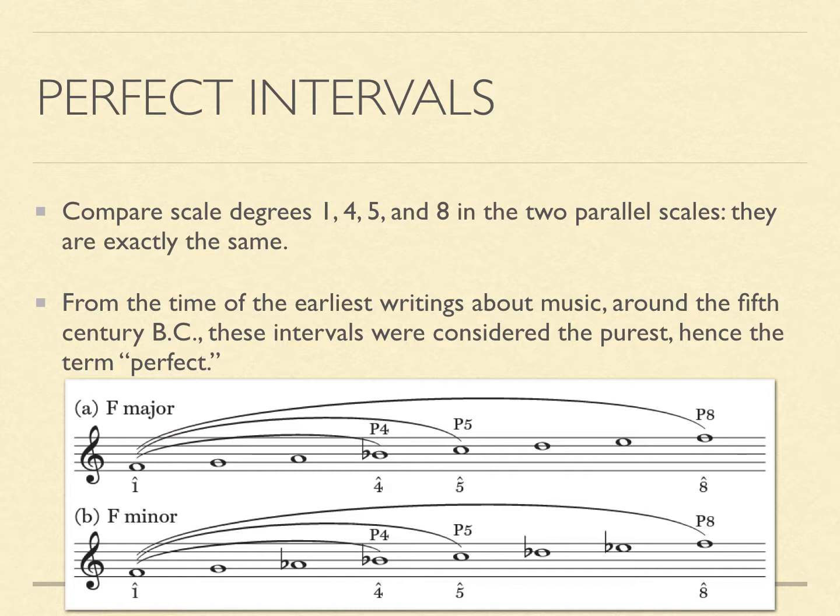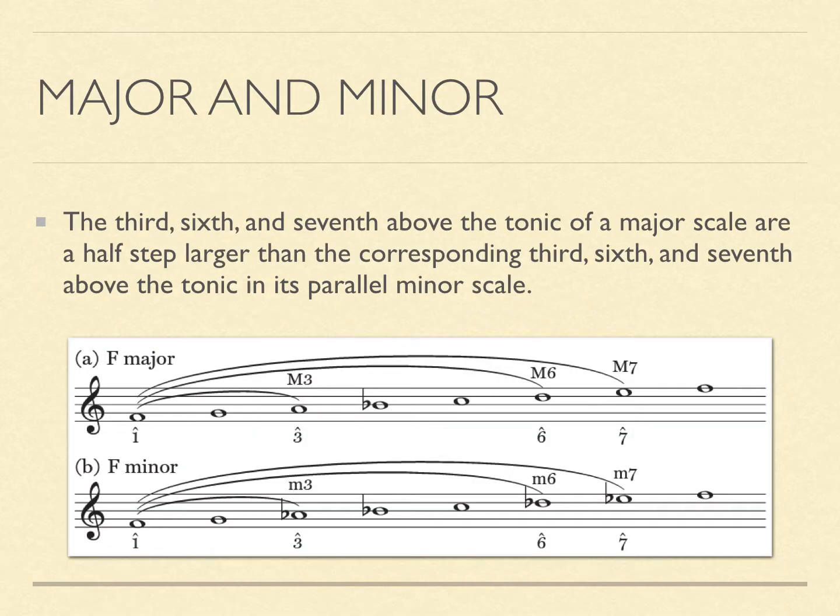Next, we'll talk about the thirds, the sixths, and the seventh, which are also special when you compare a major scale to its parallel minor. In a major scale, all of your intervals, third, sixth, and seventh, are going to be major. And in the natural minor scale, the third, sixth, and seventh will all be minor.